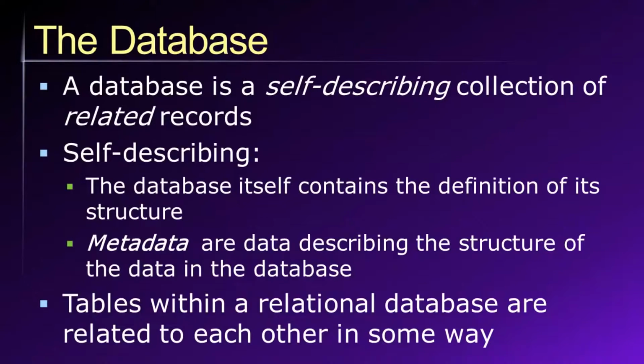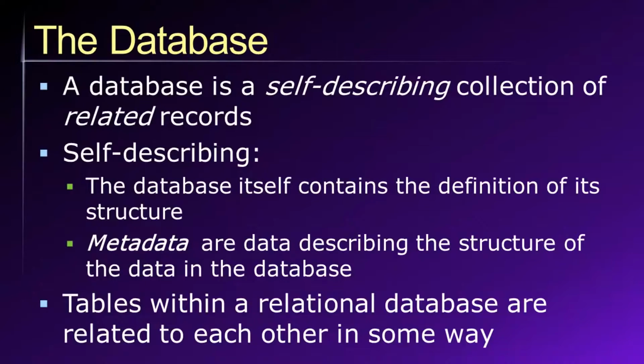A few interesting things to note about the database itself is that it is a self-describing collection of related records. What this means is that the database does not just contain the data, but it also contains a definition of its own structure. Databases also contain metadata. The simplest way to understand metadata is that metadata are data which describe other data.